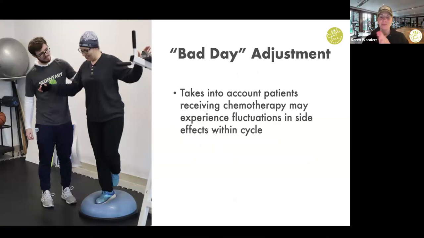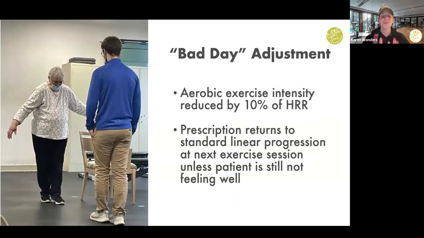A bad day adjustment takes into consideration patients who are experiencing fluctuation in their side effects within the cycle. So one week they may be feeling great. The next week they may come to you and they might just be having a terrible day. In that situation, what we do is we reduce the exercise intensity by about 10%, and we see if the patient is able to tolerate that.